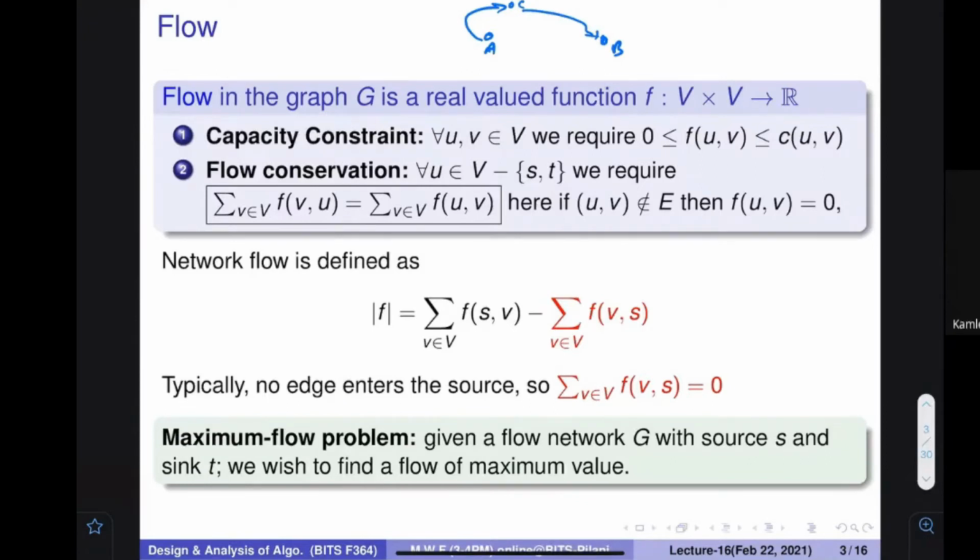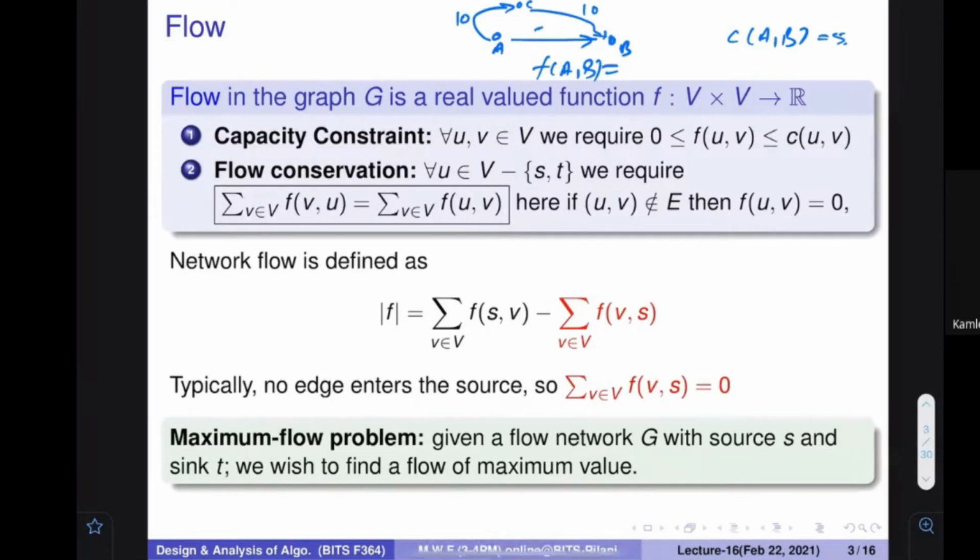He wanted to say that if I want to find the flow between A and B, and there is a capacity defined between A and B, let's assume capacity is 5. But by this route, 10 can go here, 10 can go here. Therefore the flow between A and B becomes 15, assuming 5 goes directly. Shivam, you wanted to say this?